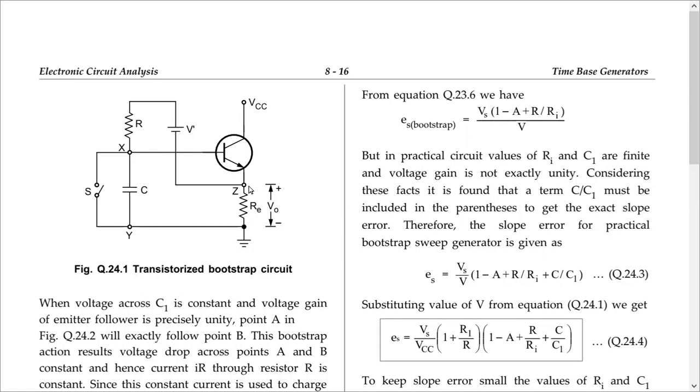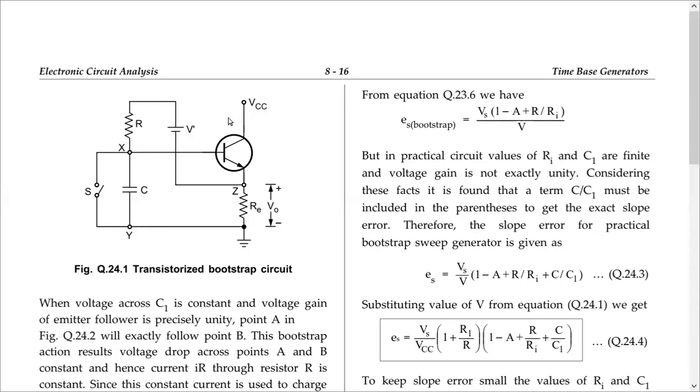Then additionally we are connecting a battery here. Whatever voltage we have here is Vx, and this is also Vx. So the battery is simply connected across the resistor, isn't it?